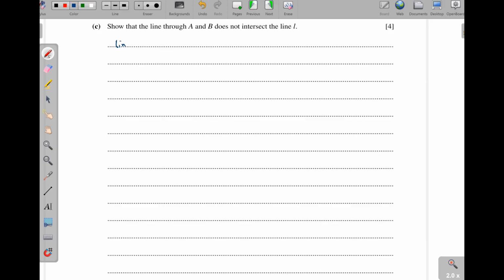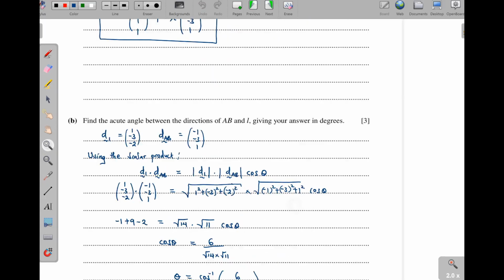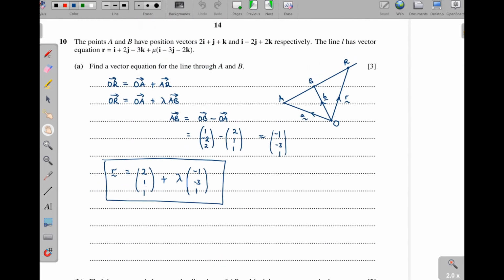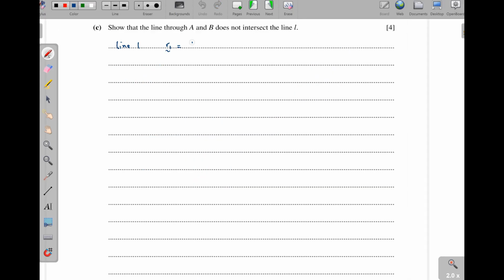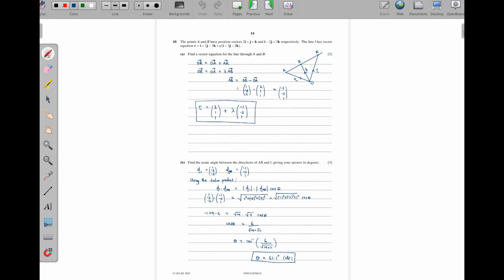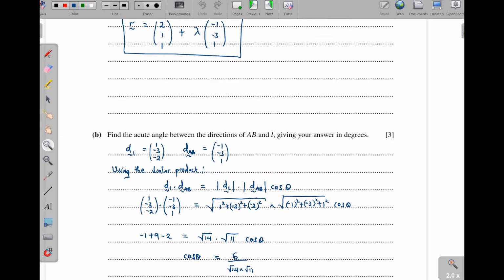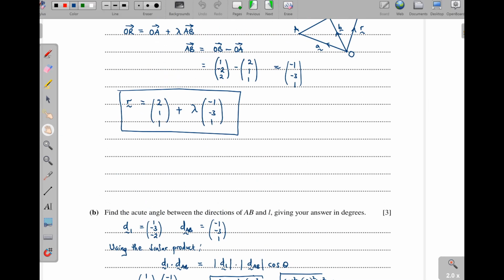Now remember, we have line L. I can say that is R1, which is equal to, when we check back here for L, this one here, (1, 2, -3) plus mu (1, -3, -2). So I'm going to write the parametric equations.